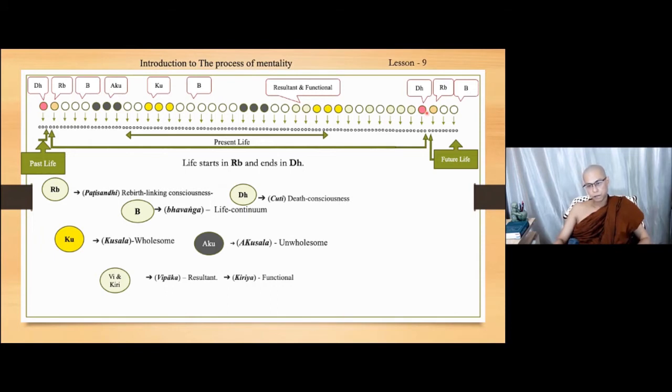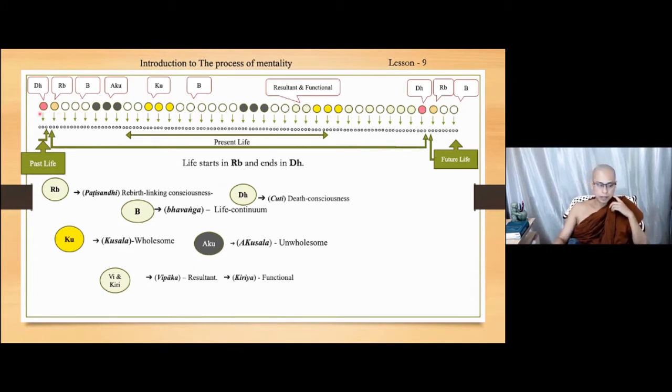Then if we have a future life to be reborn in, the rebirth linking consciousness of the future life will start just after that moment of this life. In this way, the mentality is continuing.